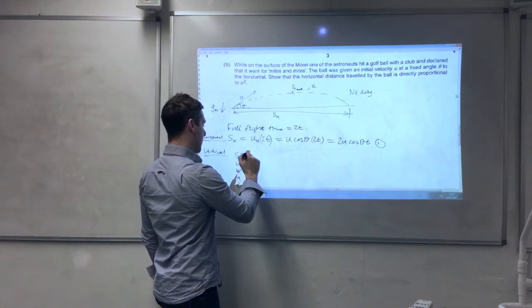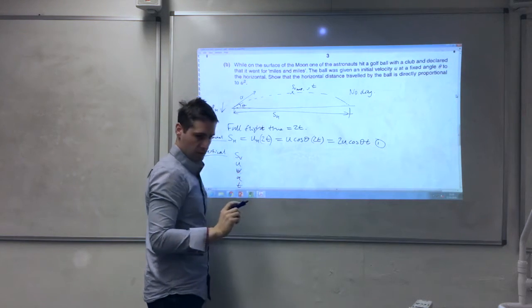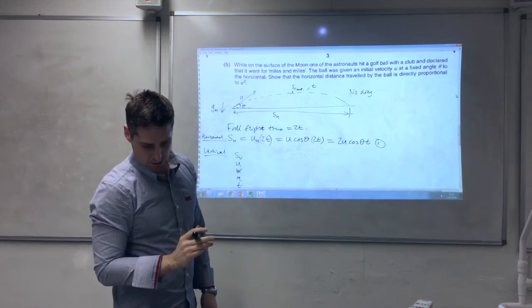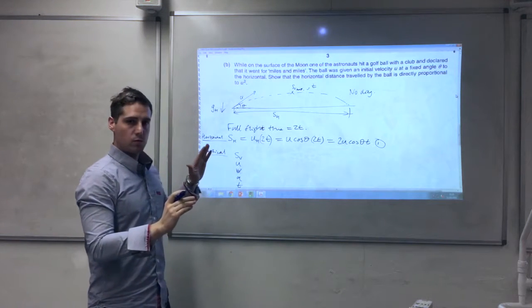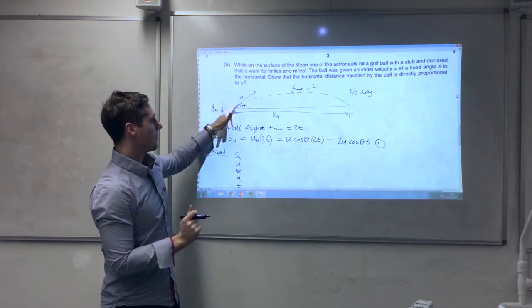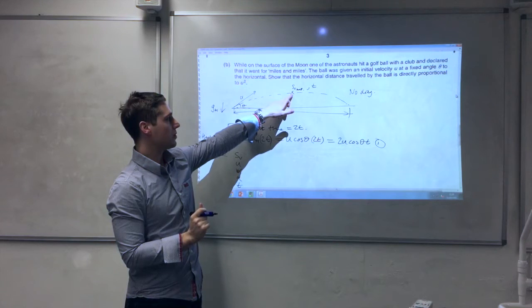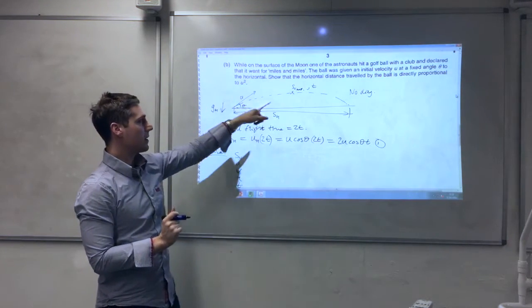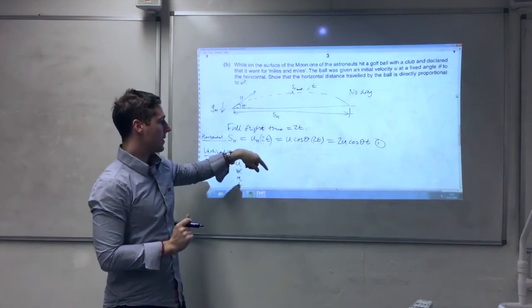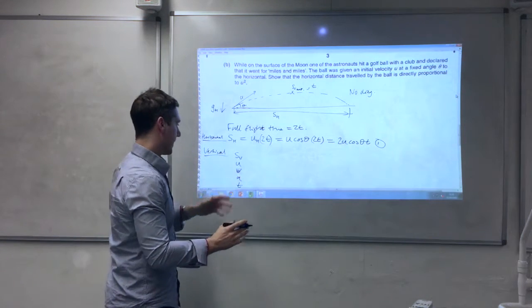What I'm going to do is deal with the time to reach the top. So I'm going to find an expression for t, and then I can substitute that into equation 1.